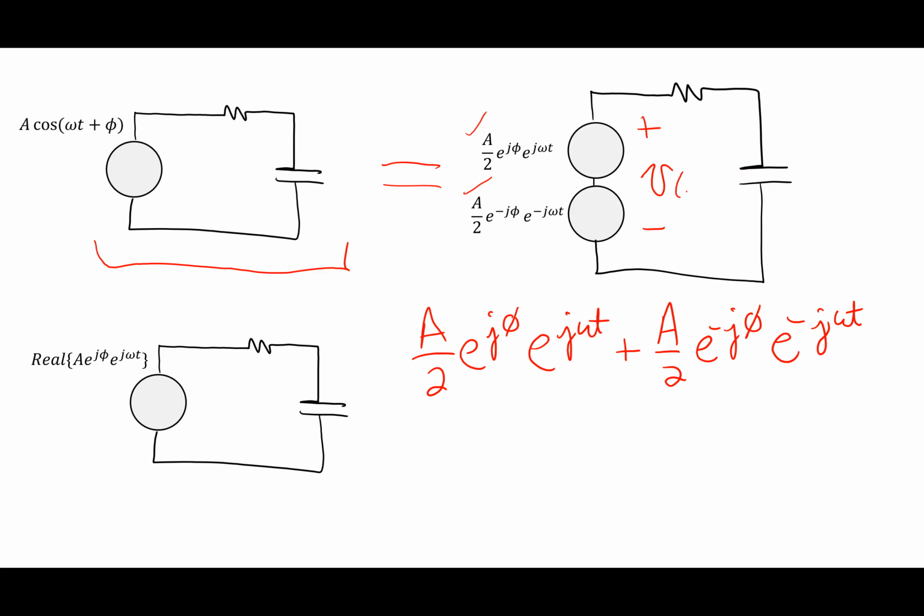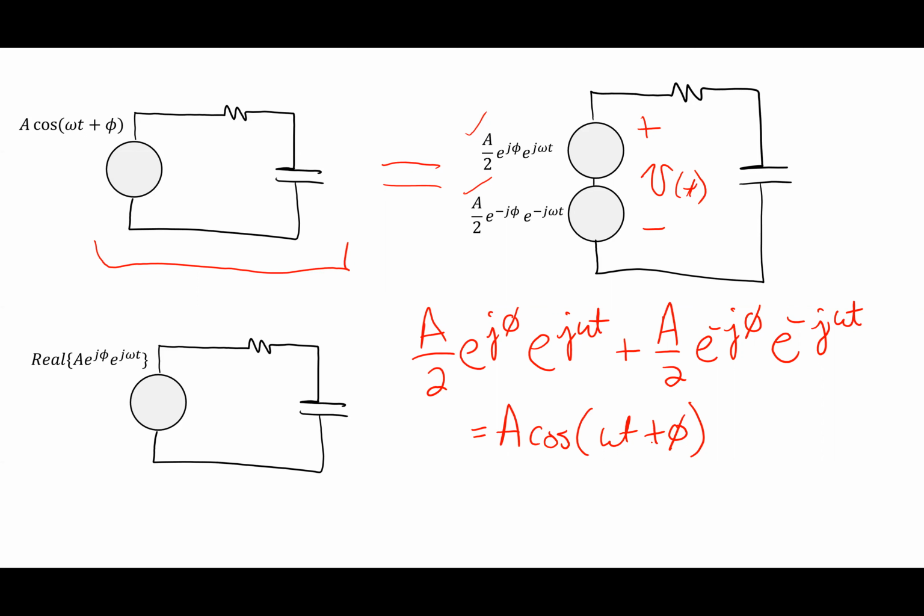If I put a multimeter across it, that's equal to A cosine omega t plus phi. In other words, I can make a voltage that varies sinusoidally, going up and down. I can't make e to the j omega t, but it's okay to think about A cosine omega t plus phi as the sum of those two rotating vectors. And the sum of those two rotating vectors is a pretty useful thing in terms of how it simplifies the math I do from this point forward. We're going to get into that a little bit today.